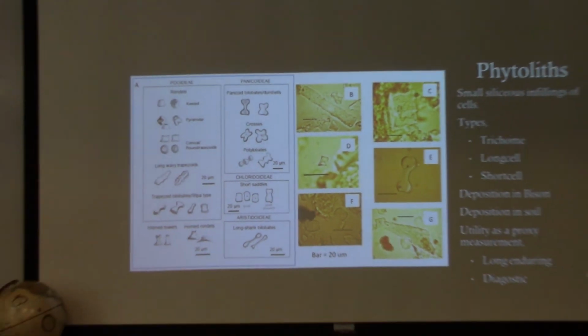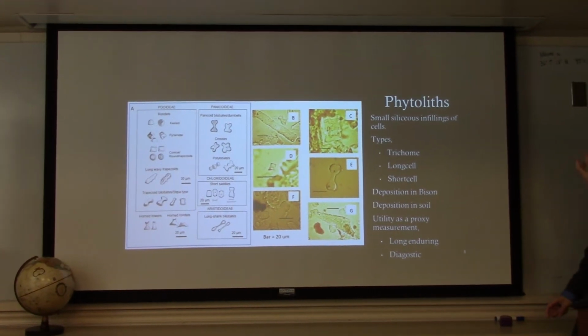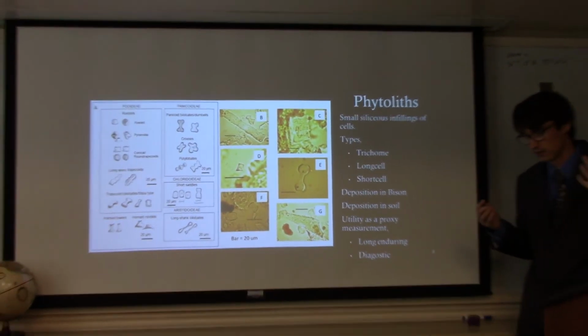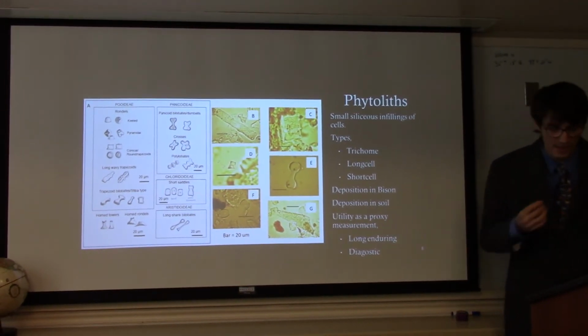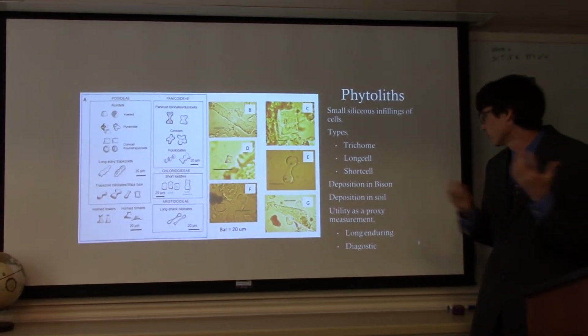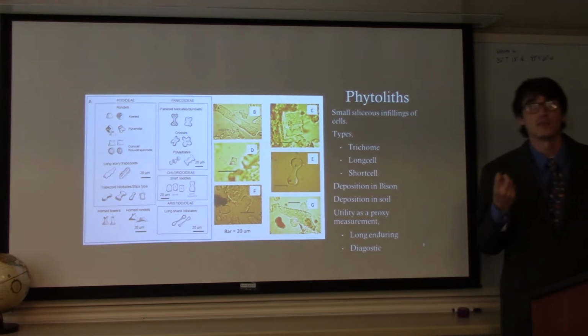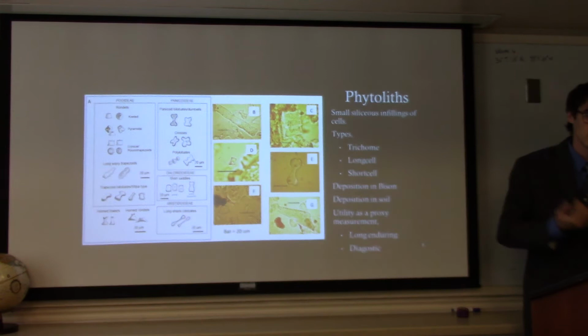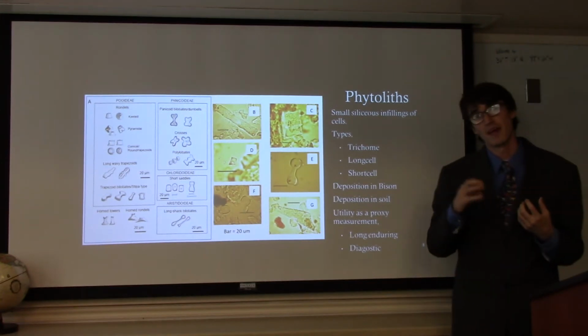So, number one, these phytoliths can become deposited within the samples that we looked at in several different ways. The first type of sample, of course, was the dental sample, dental phytolith analysis. They become deposited within these dental samples due to the mastication process.